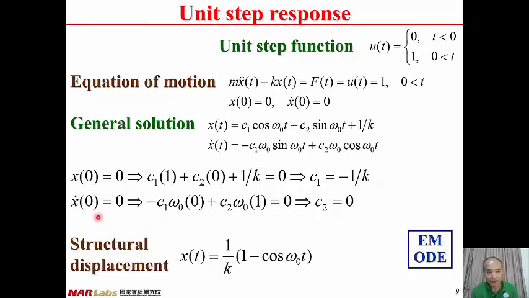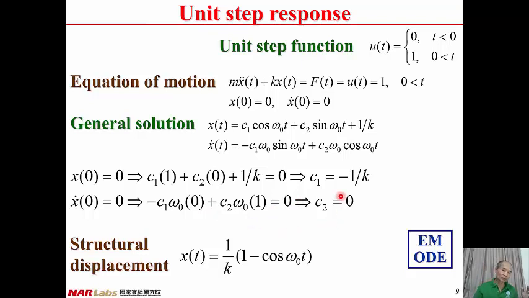And here is the initial velocity, x dot of 0 equal to 0: minus c1 omega 0 sine 0 equal to 0, plus c2 omega 0 cosine 0 equal to 1, equal to 0. From this equation, we can solve for c2 equal to 0.